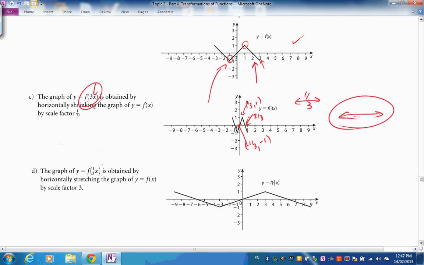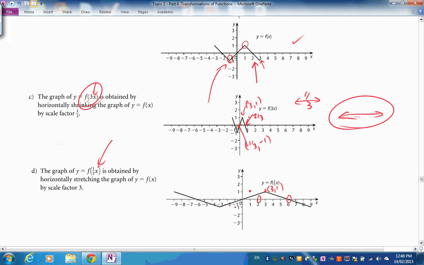Okay, so let's put a fraction in there now. Come down to this one. Let's put a fraction in place of x in the function. Now this will stretch it. Instead of cutting the x-axis, what was it? It cut at 2 before. Now it's going to cut at 3 times 2, which is 6. It was 1, 1 before. Now it's going to be 3 times the x value. It's going to be 3 before you get the value 1.